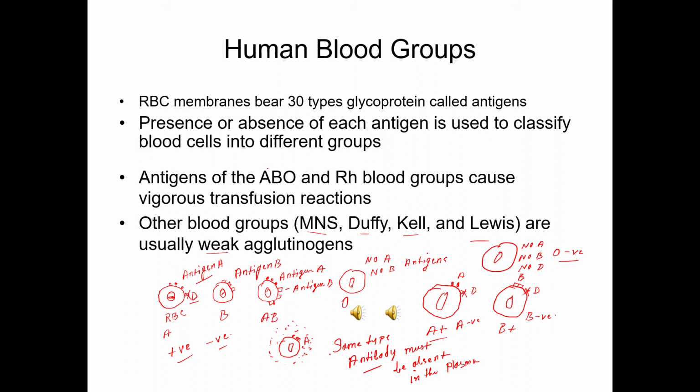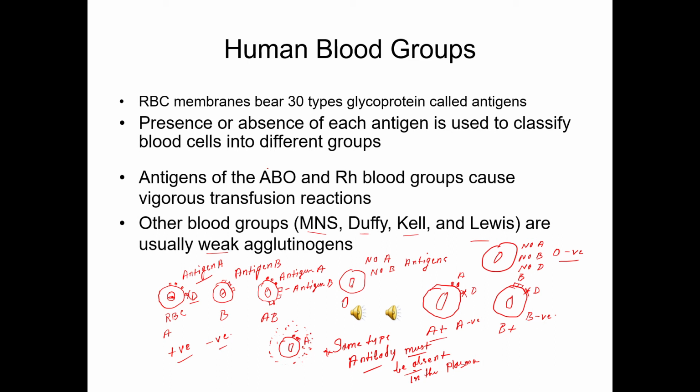Okay, so on the surface of the red blood cell you have antigen, and in the plasma you have antibody. Now if on the surface you have A antigen, in the plasma you must not have that same type of antibody. If you have the same type of antibody, then the antigen-antibody reaction will destroy the cell. That is very important.